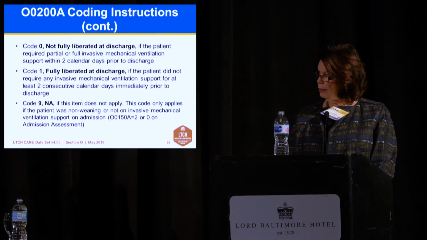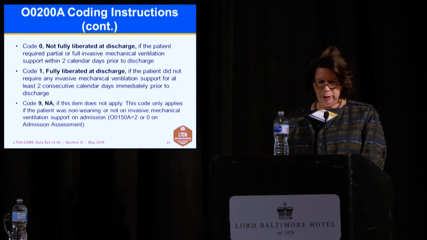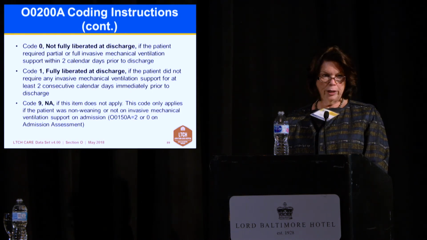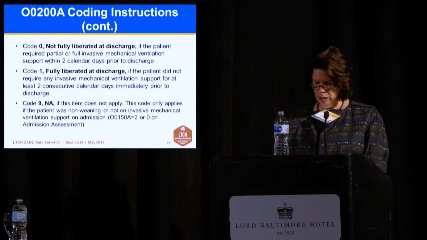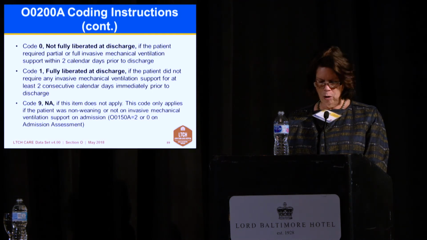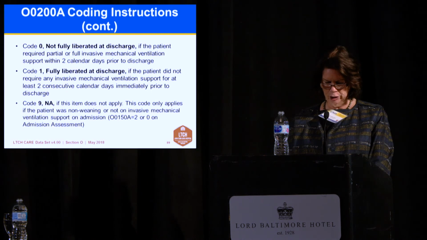So in coding this data element, you have 3 choices. You're going to code 0, not fully liberated at discharge, if the patient required partial or full invasive mechanical ventilation support within 2 calendar days prior to discharge.